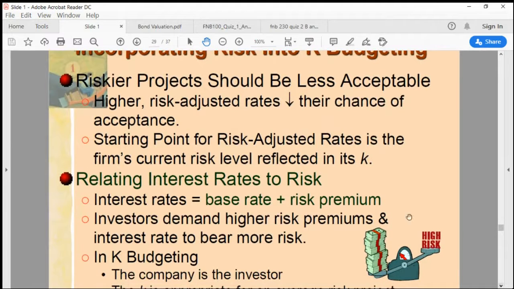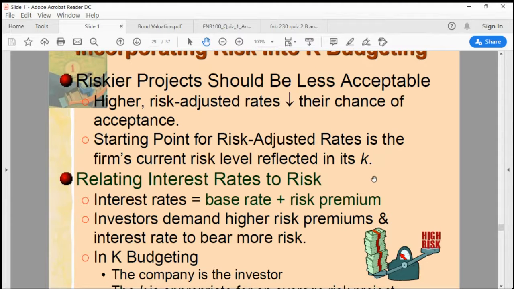So that's what I already explained. Riskier projects should be less acceptable, right? So if you use higher risk-adjusted rates, then it will lower the chances of that risky project being accepted. The starting point for risk-adjusted rates is the firm's current risk level reflected in its cost of capital.